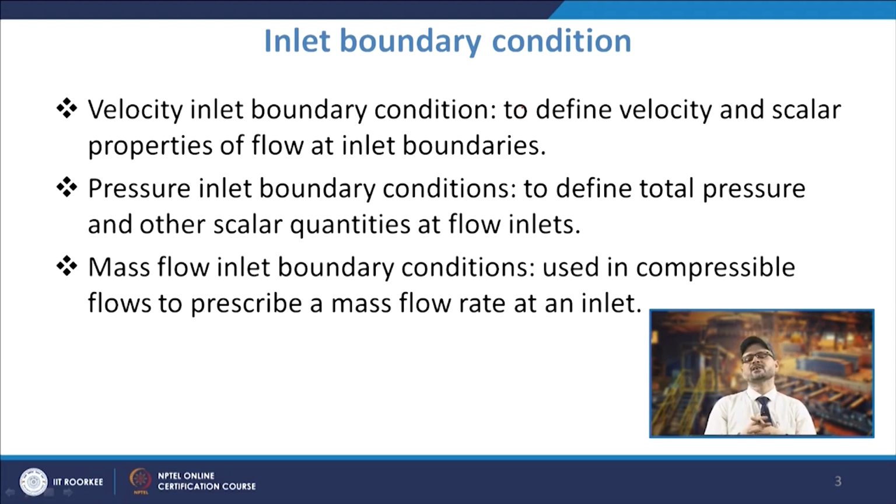This is not going to be suitable in the case of compressible flows. In compressible flows we normally go for the mass flow inlet boundary conditions, because there the density will be changing. So, you specify the mass flow at the inlet.